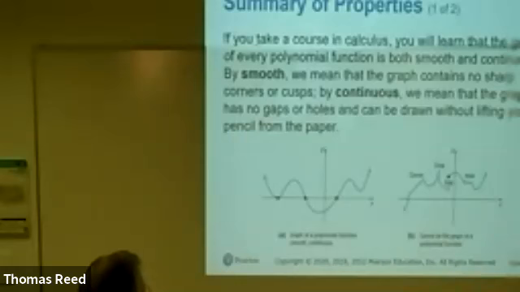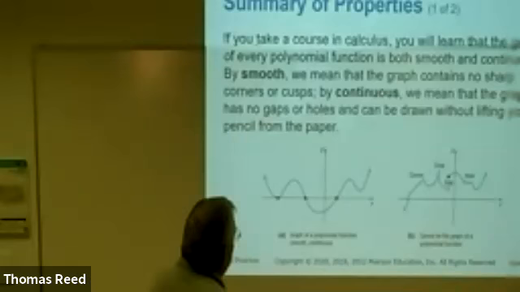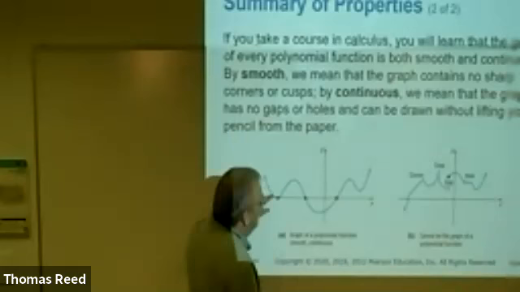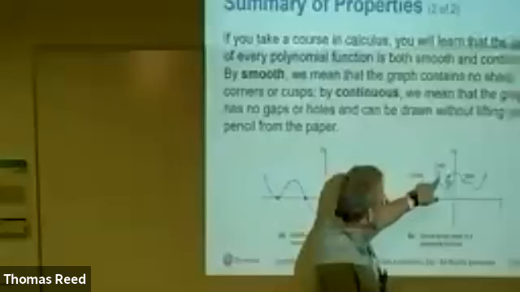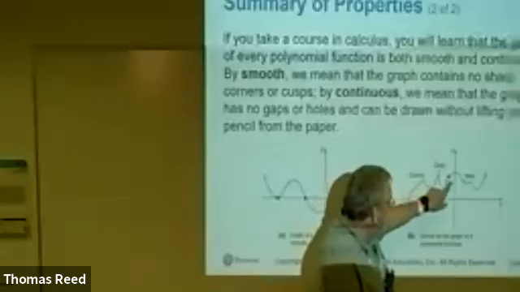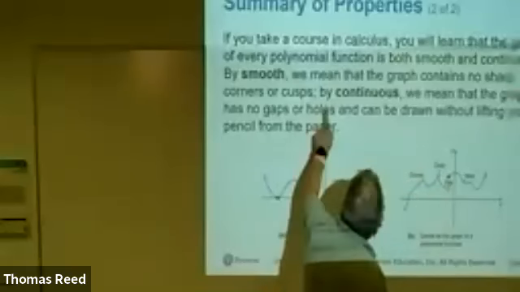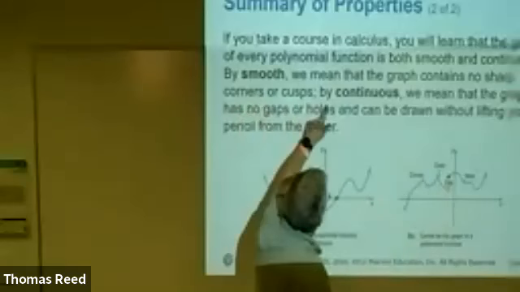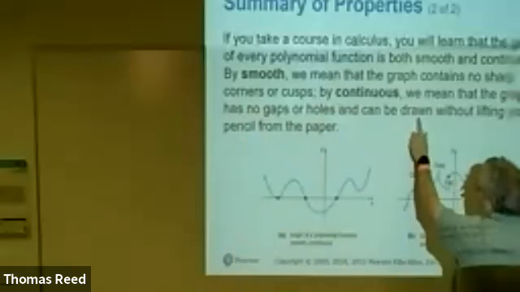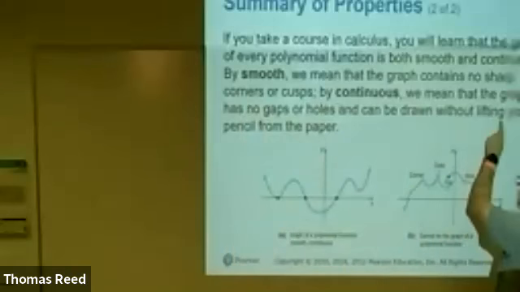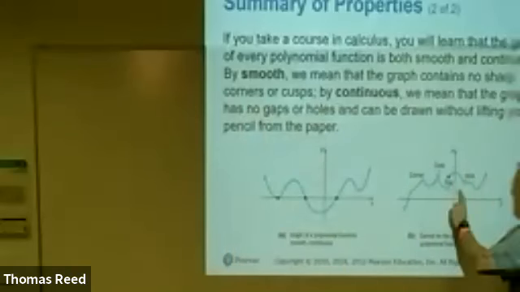All right. If you take a course in calculus, you will learn that the graph of every polynomial function is both smooth and continuous. By smooth, we mean it contains no sharp turns, no corners, no cusps, no gaps. Oh, okay. So that's for the smooth, and by continuous means there's no gaps or holes. It can be drawn without lifting your pencil from the paper.